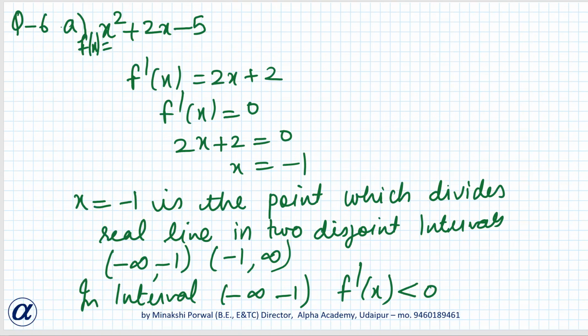Because you have to choose one number in minus infinity to minus 1. Suppose minus 2 you are choosing. So minus 2 we have to substitute here. Minus 2 into 2 is minus 4, plus 2. So it is negative, so it is less than 0. So in this interval it is a strictly decreasing function.